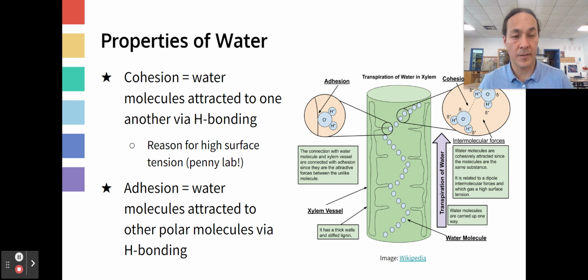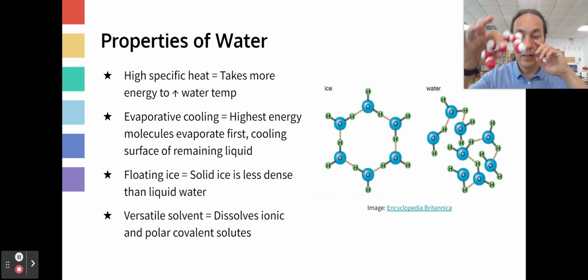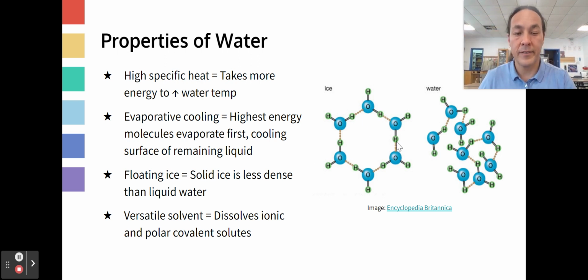You can also see this with a small capillary tube if you put it into a beaker of water. All right, a couple other more properties of water that are important. The solid form of water, ice, as you see over here, is going to be frozen in place as a lattice structure of hydrogen bonds, that's going to have relatively more volume than the liquid phase where they're constantly breaking and reforming.